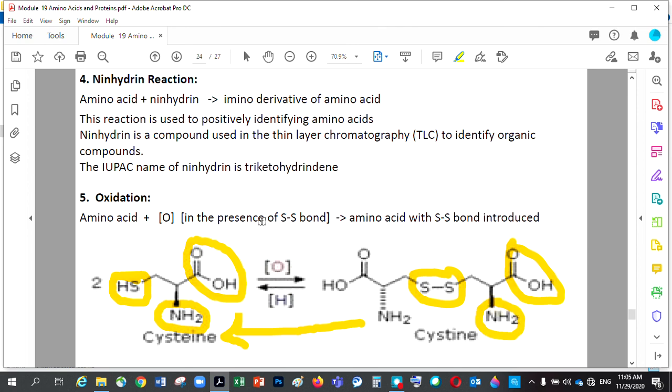However, if I apply extreme oxidation, not really an oxidizing agent, but pure oxygen and flame and heat, then I can decompose amino acids into carbon dioxide, water, and ammonia. So it will be decomposed into the components it came from.